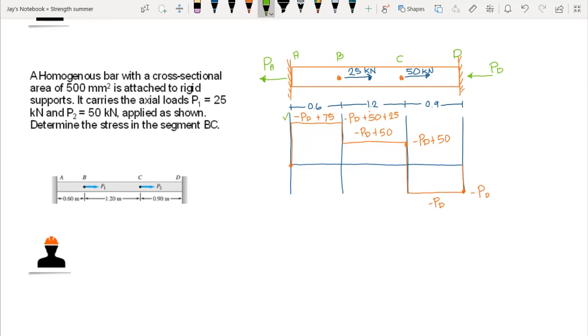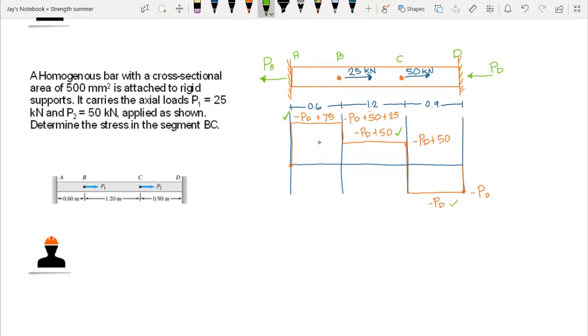So these are the equations of internal forces in every member. From member AB, negative PD plus 75. This is negative PD plus 50 for the member BC, and that is only negative PD for member CD. So how are we going to use these internal forces? Take note, each force in our internal members can produce deformation in every segment in our bar.